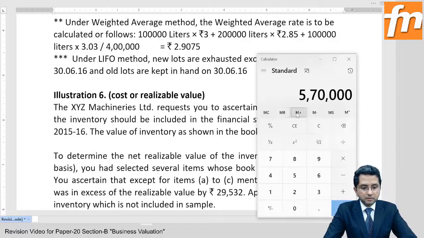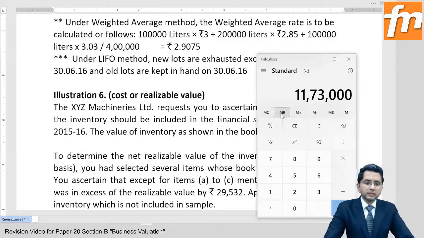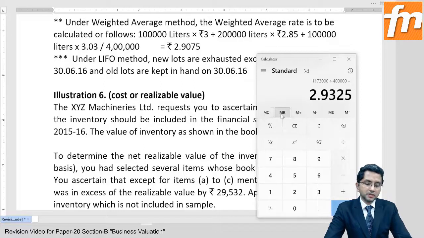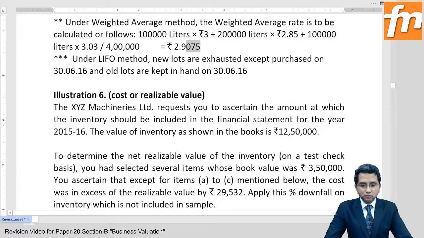I'll keep it in plus memory. And then 1 lakh into 3.03, 3 lakh 3,000, again in plus memory. So memory recall is 11 lakh 73,000, divided by 4 lakh units. 2.9325 it is. This is correct.